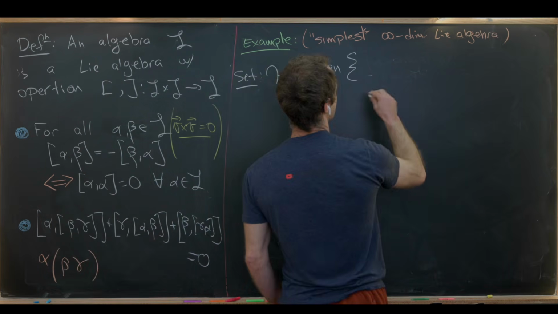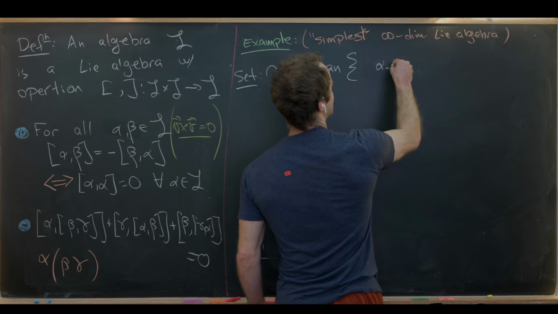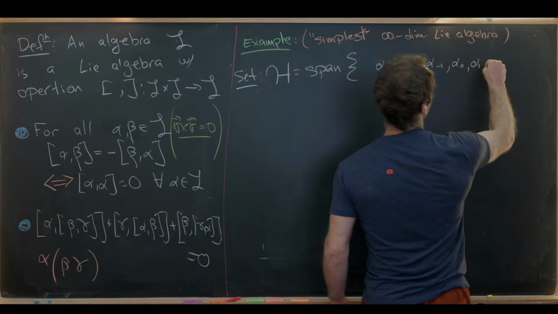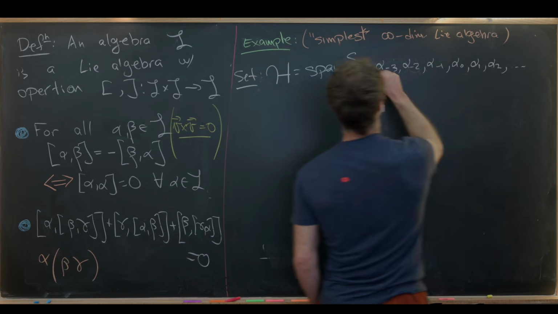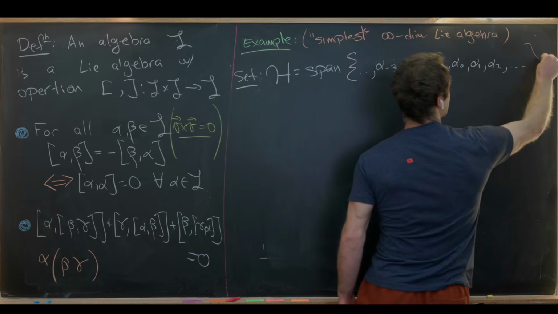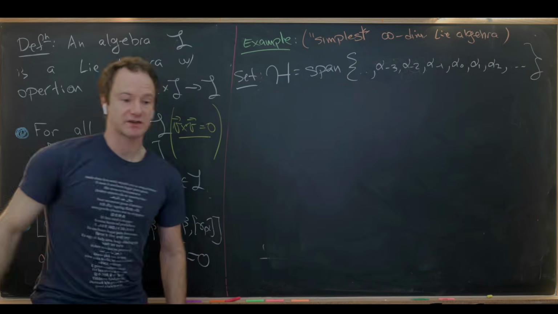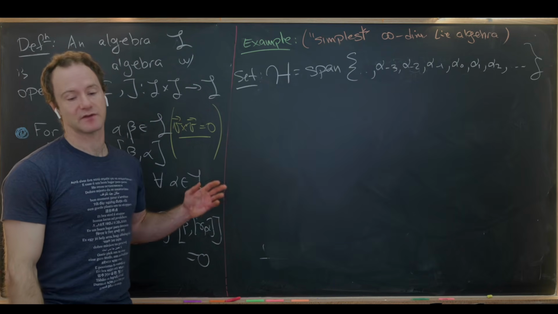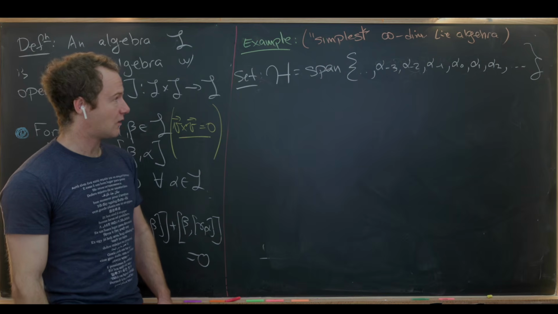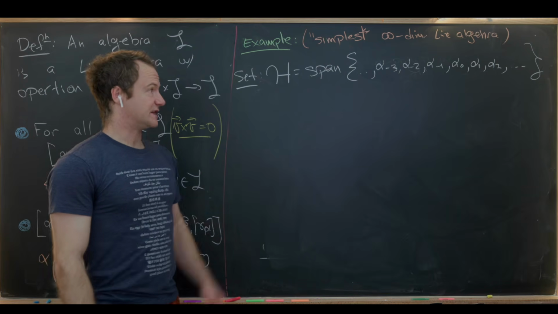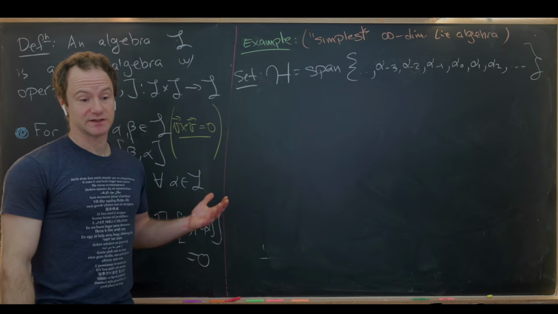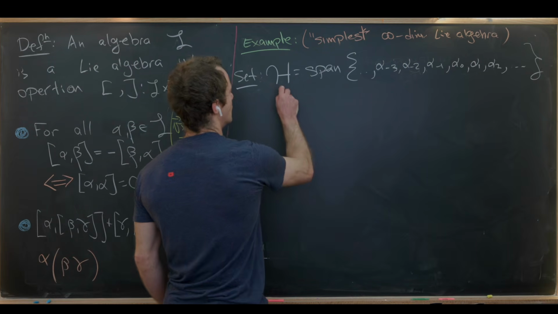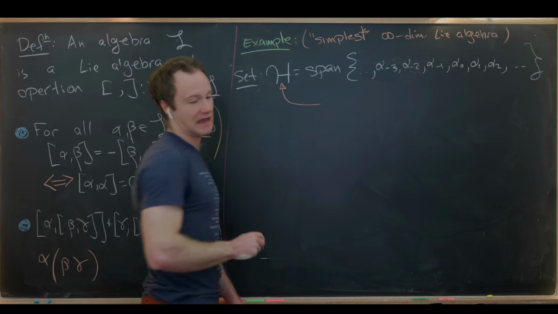So we've got alpha minus 3, alpha minus 2, alpha minus 1, alpha 0, alpha 1, alpha 2, and so on. So there we've got an infinite dimensional vector space, right? Because we're taking linear combinations of infinitely many different things. And now we would probably need to see what the bracket is. Oh yeah, and then maybe we should say, what is this? Does this have a name?